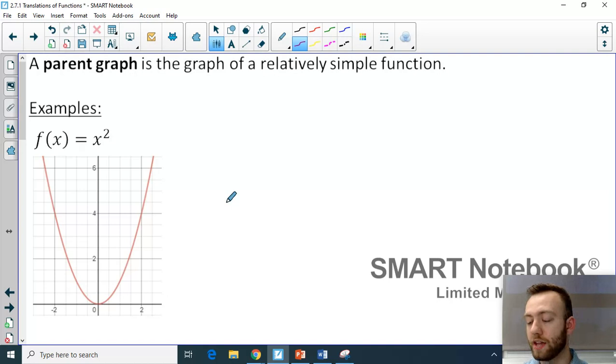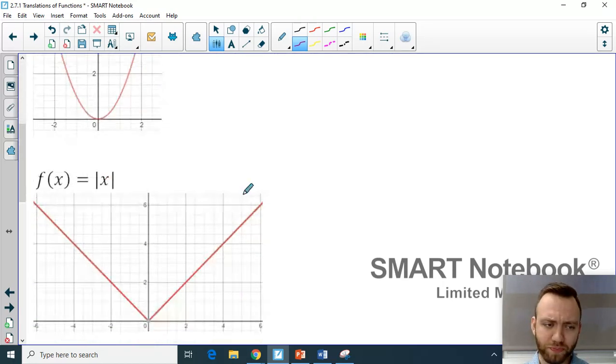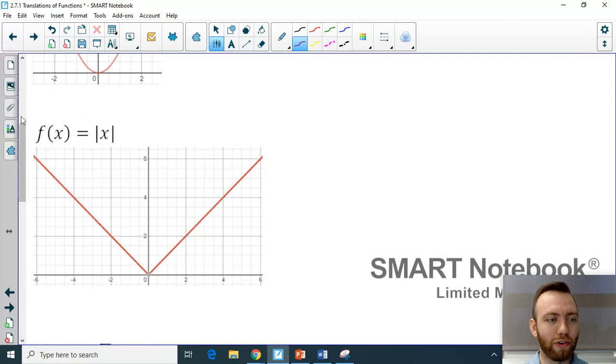Some other ones that you probably have seen, maybe should recognize, probably don't remember. It's okay if you don't. But we have the graph of f of x equals the absolute value of x. Remember, absolute value just means take whatever is inside and make it positive.